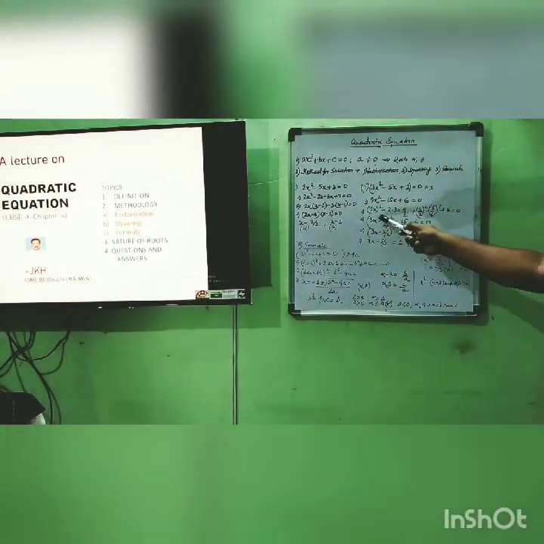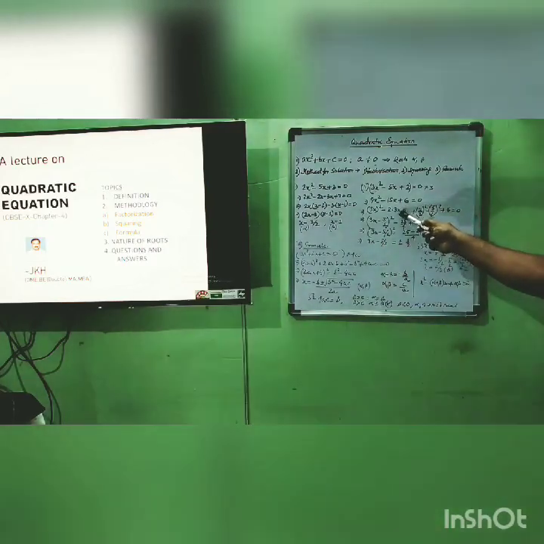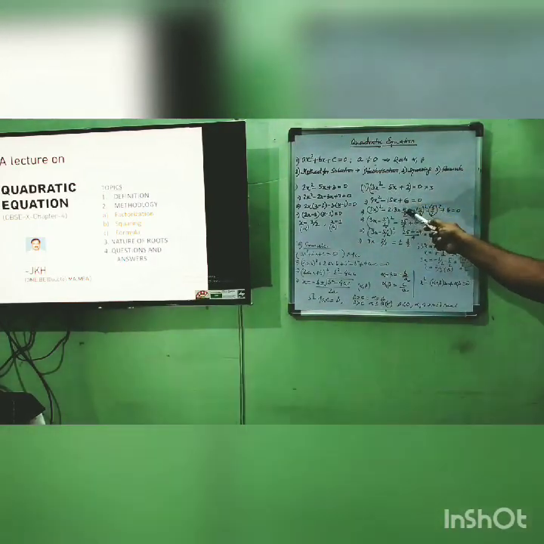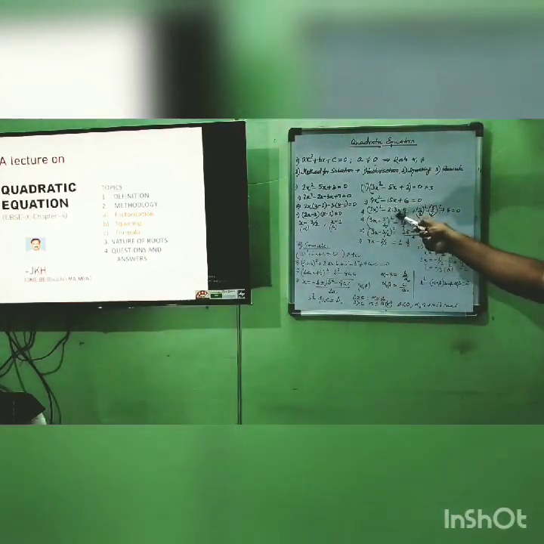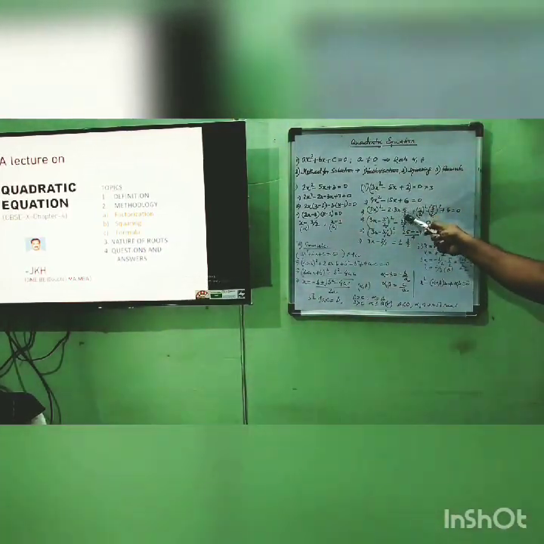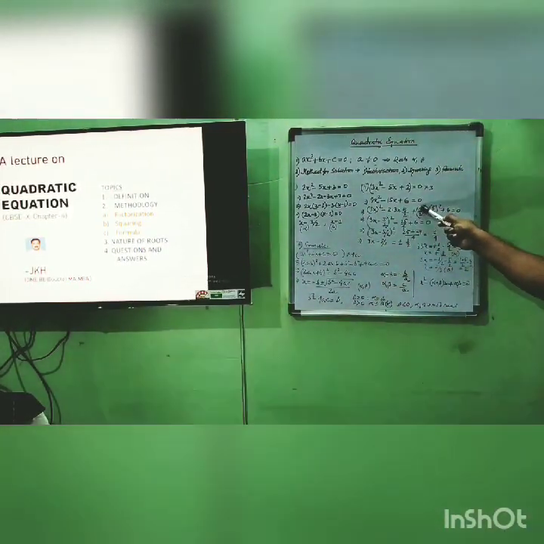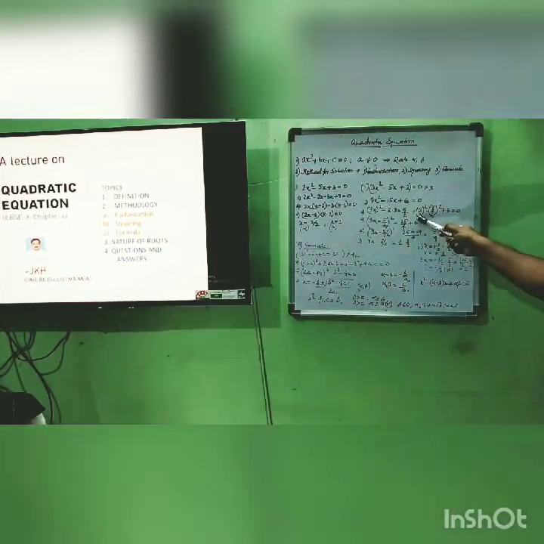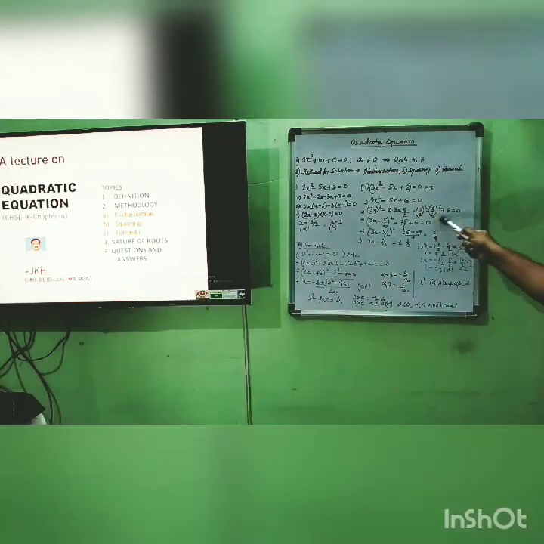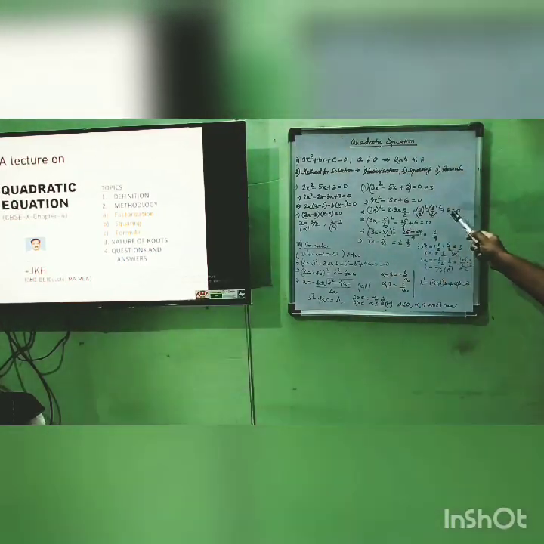Remember, this middle term remains minus 15x, so 2ab. For making b, you have to do 5 by 2. So 5 by 2 is your b, so 5 by 2 whole square. You have added this, you have to subtract it to neutralize it.